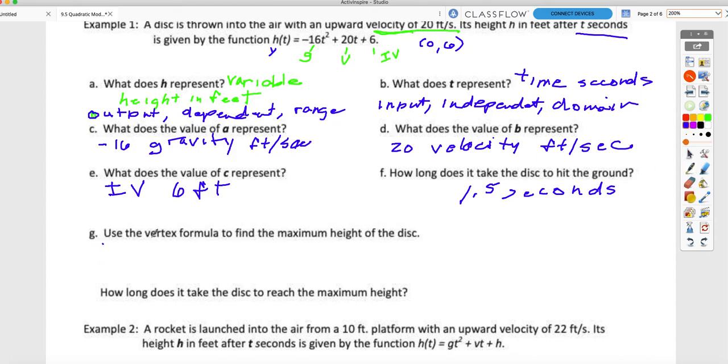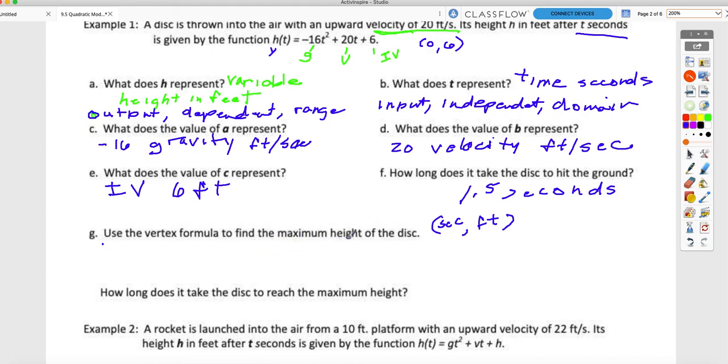So x for the vertex, I'm going to find a vertex right here. And I know that this is going to be seconds, and it's going to be feet. And if I do that, it's going to help me answer my question.